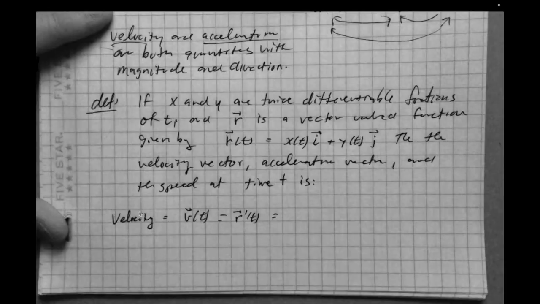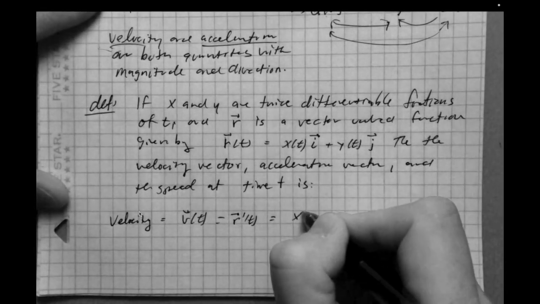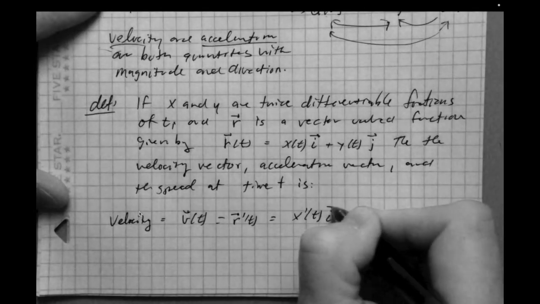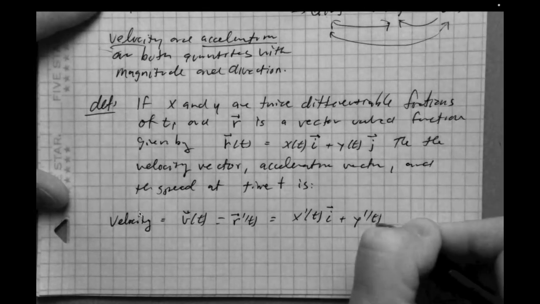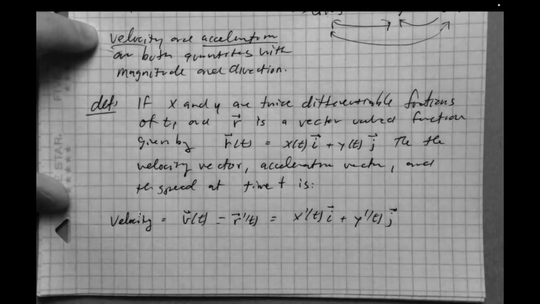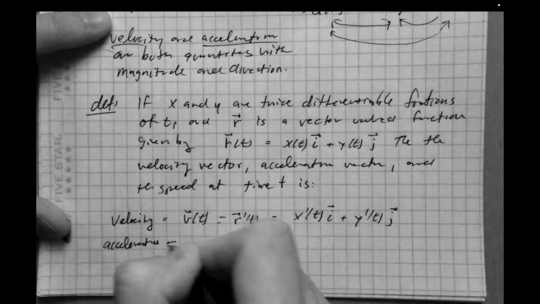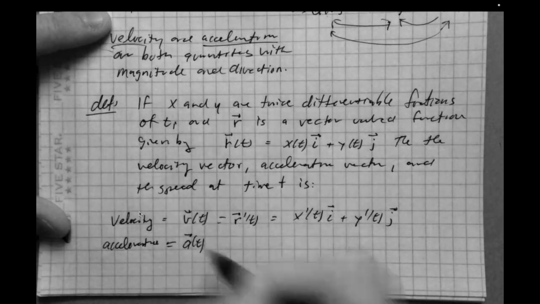And we know how to differentiate those vector valued functions from the previous session. So we know that that's just x prime of t times i plus y prime of t times j. And acceleration, that's a of t.